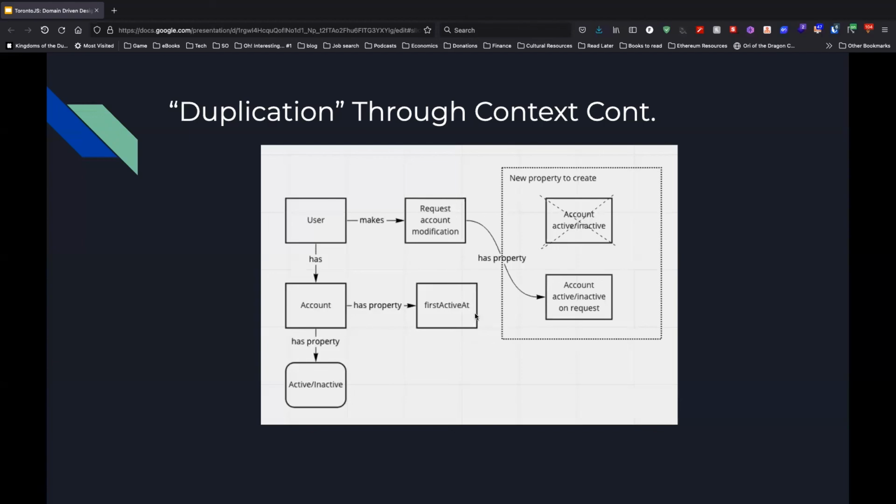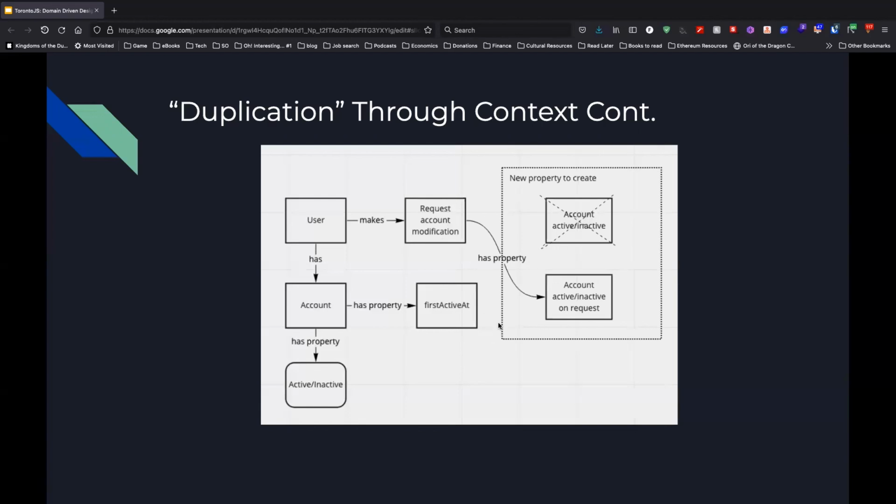Right? And I would want to just make a note of this first active at. One of the possible things that I could have done is have a created at attached with this account modification request, and I can infer account activeness by comparing the created at time of the request with the time of the first active at.